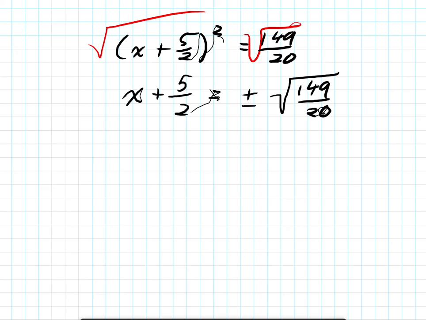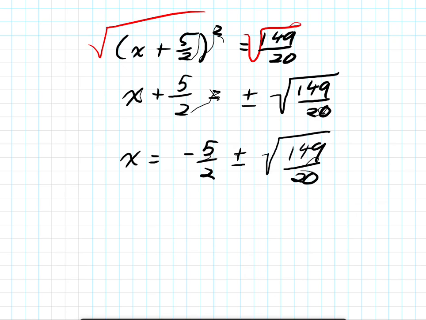Okay? The final step here ends up being x is equal to negative 5 over 2 plus or minus, which means you'll get two answers at this point, the root of 149 over 20. And that's the elongated process of what they're trying to accomplish here.